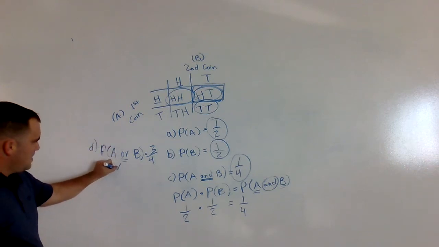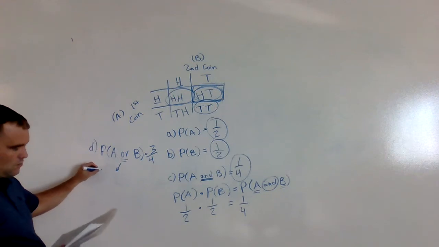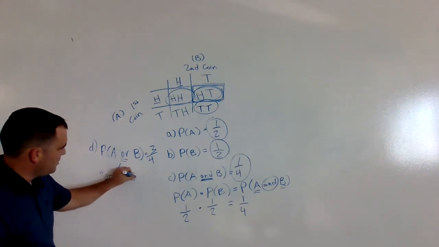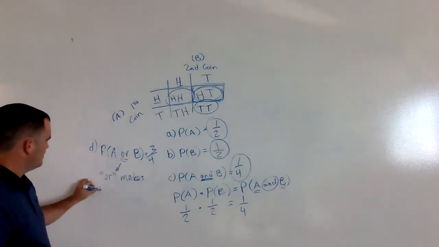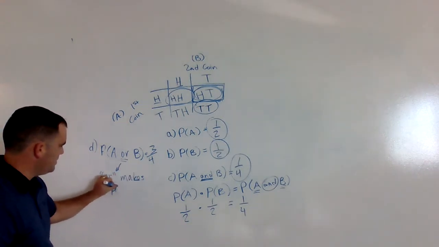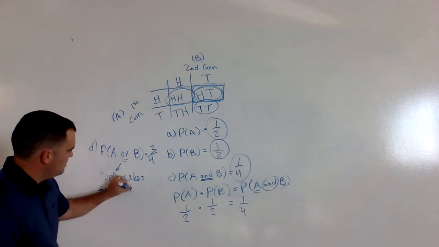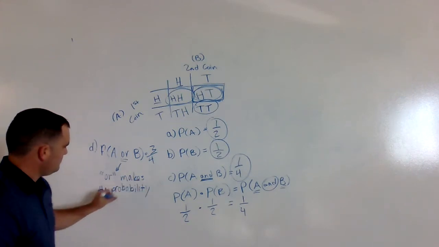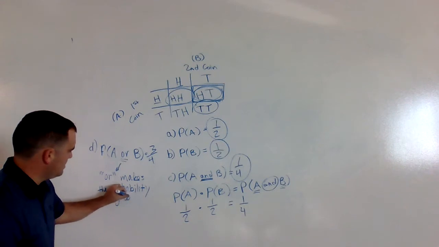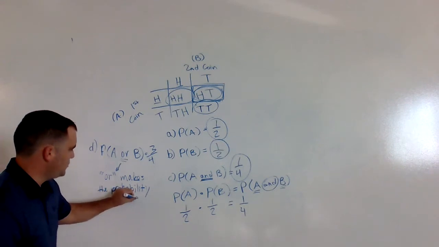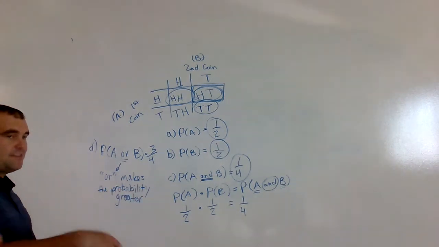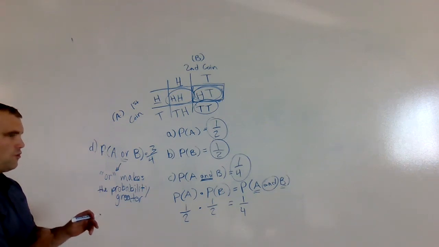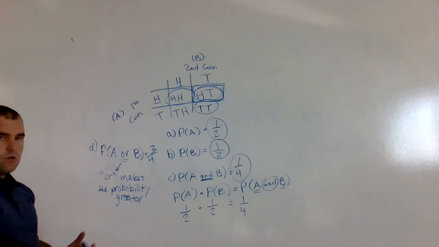But ORs, OR makes the probability greater, right? Makes the probability greater. Because if you're talking about one thing happening and the other thing happening as well, a combination occurring, the likelihood of that is small, right?